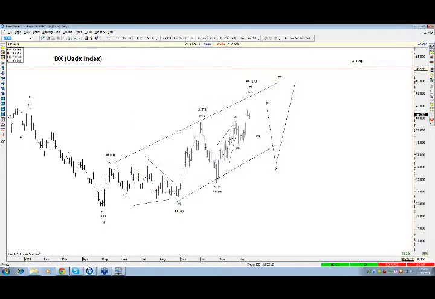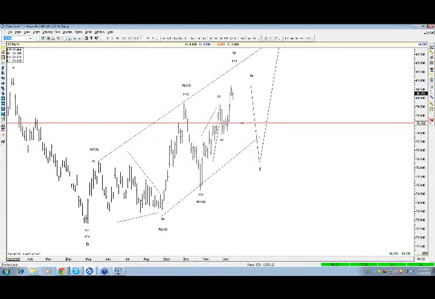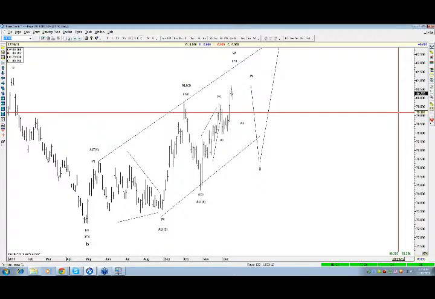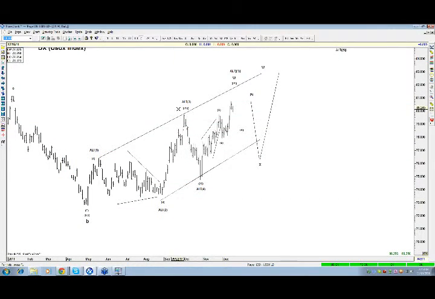Okay. In the dollar, what I was saying, guys, for the late arrivals is that right here in the dollar, I see 5 swings. 1, 2, 3, 4, 5 swings.